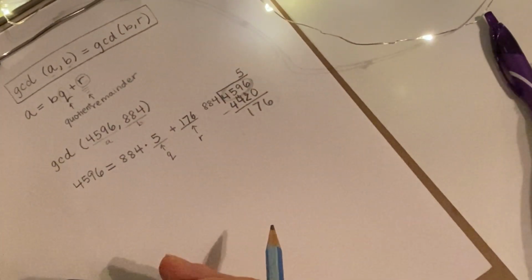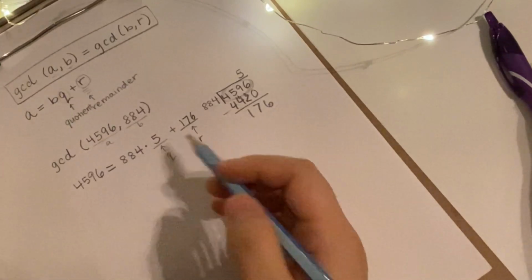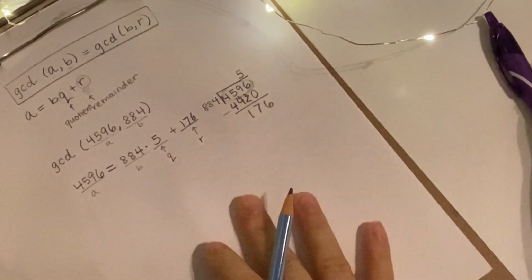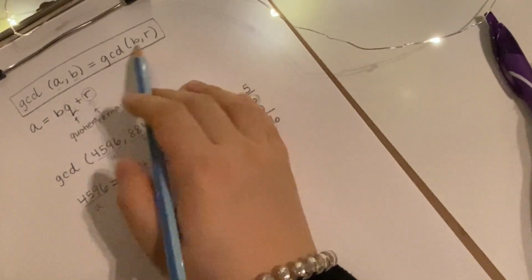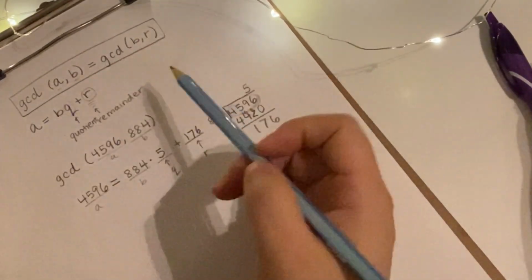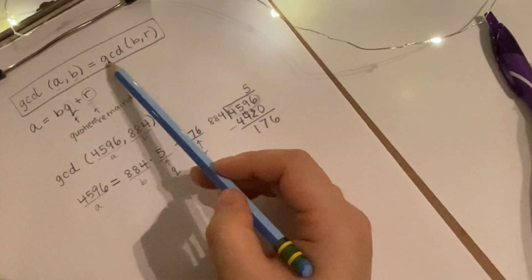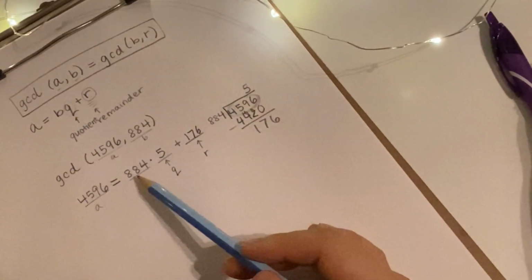Okay, so then what the algorithm tells us, this is still A and this is still B, is that the GCD of A and B is the same as the GCD of B and R.